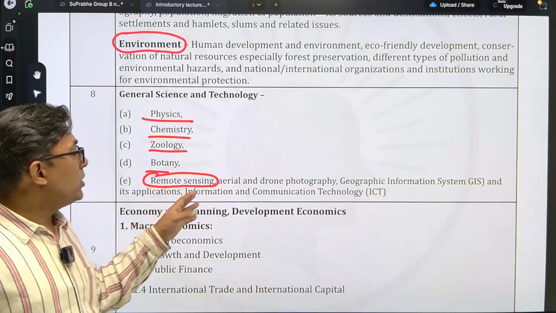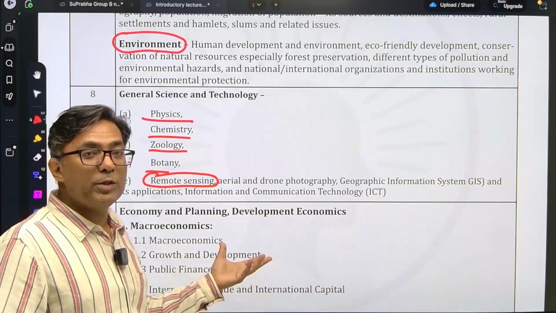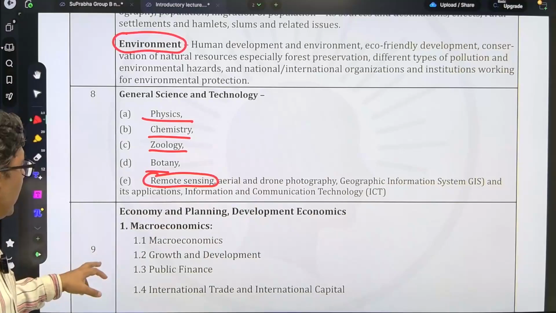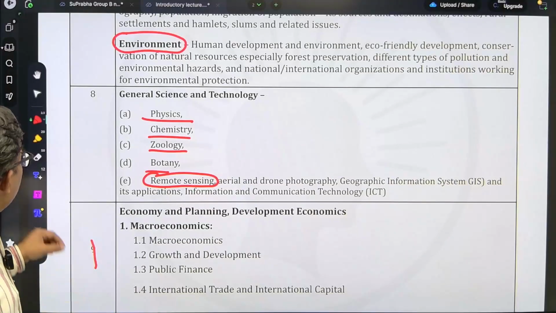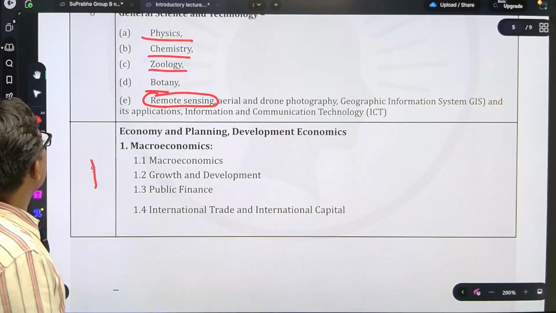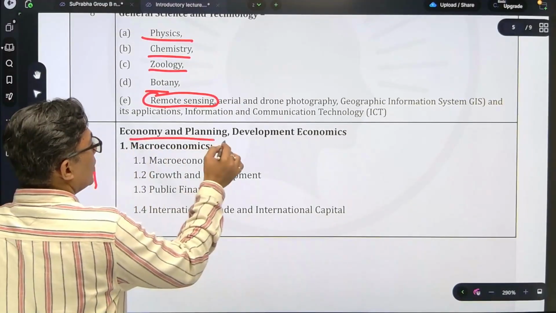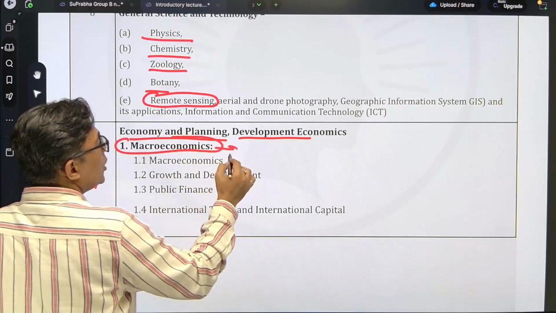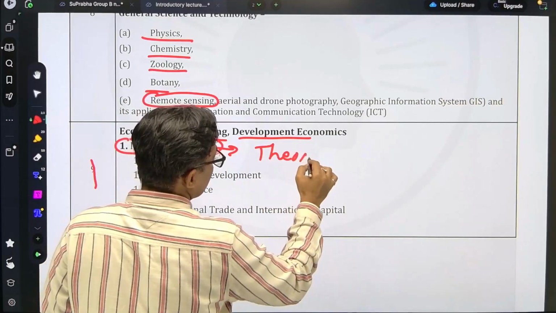So remote sensing, drone photography, geographical information system, that is an additional part you have in mains. And the ninth topic in paper 2, the last one in paper 2, is economy and planning. Now this has been divided into two parts. First is macroeconomics, that is the theoretical part of economy.